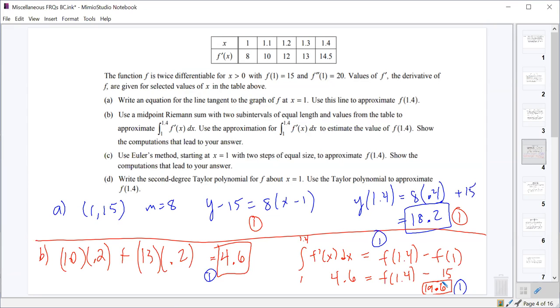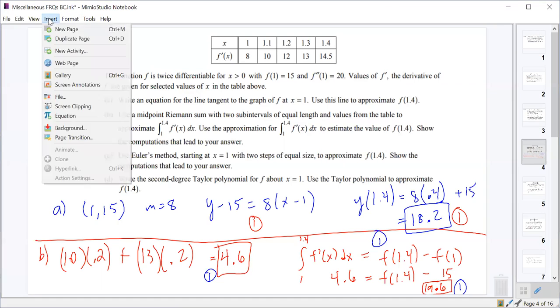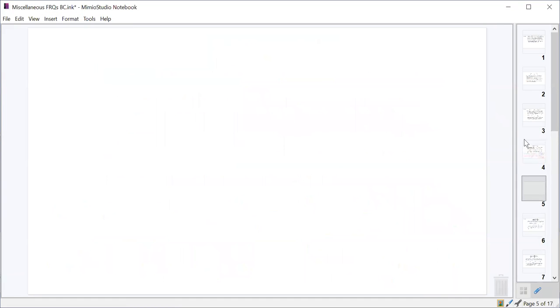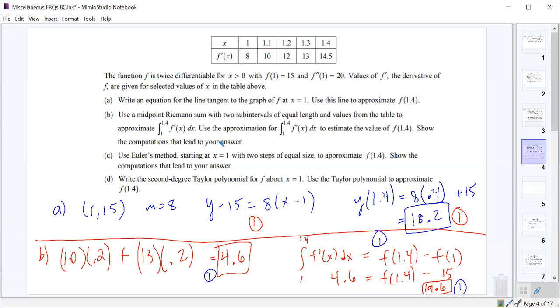Lots of good fun ways to approximate the value of f of 1.4, right? Part C, we're going to use Euler's method with 2 equal steps, from 1 to 1.2 and then 1.2 to 1.4, to approximate f of 1.4. So first thing we'll need to do is figure out what our slope is at 1.